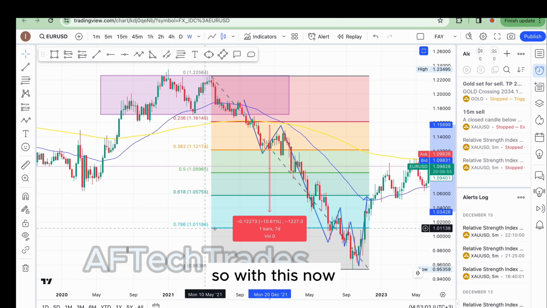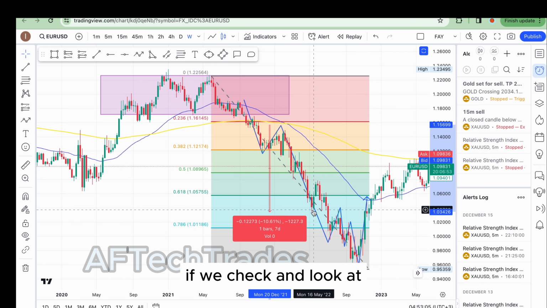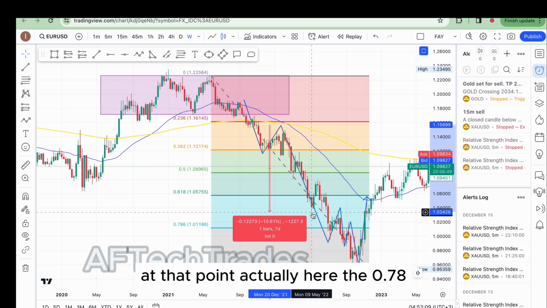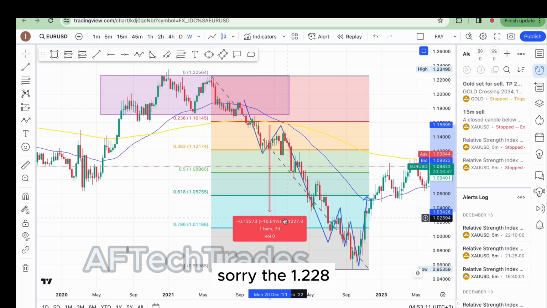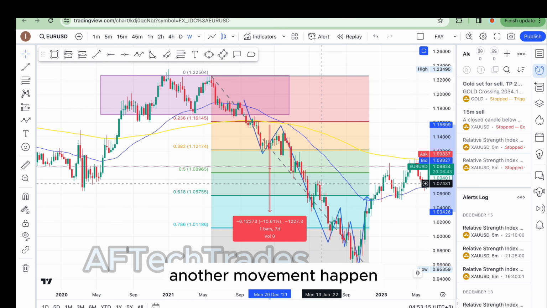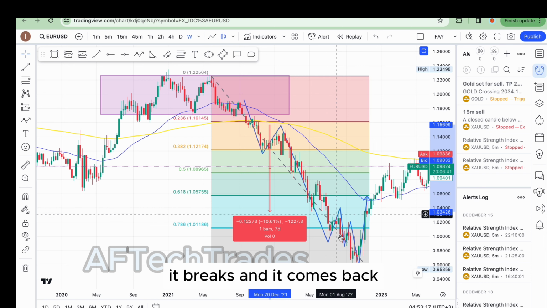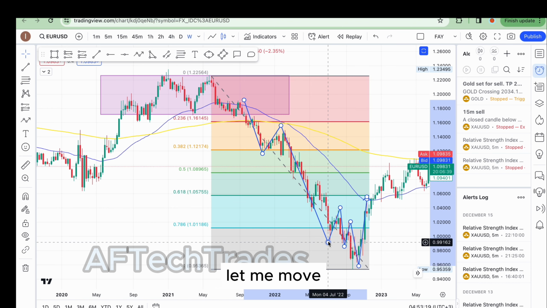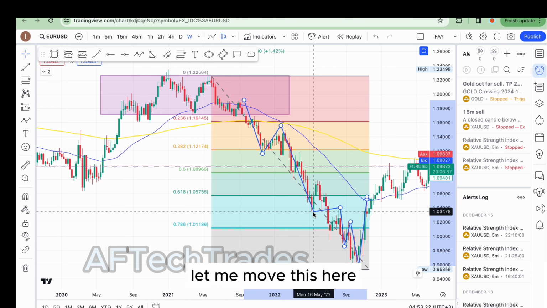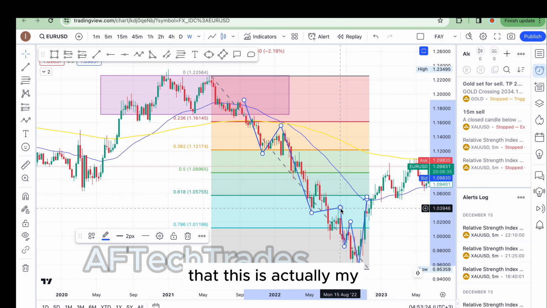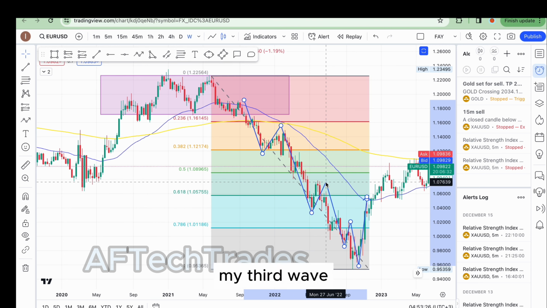So with this now, if we check that point, actually here, the 0.78, the 1.228, another movement happened. It breaks and it comes back. So in this case, let me move this here, this is actually my third wave.